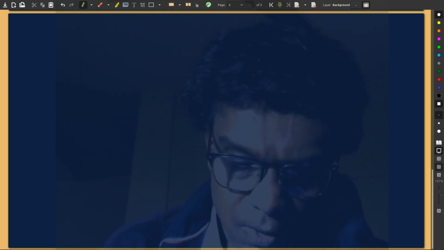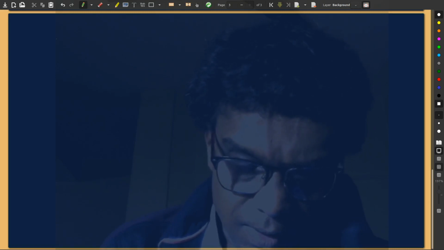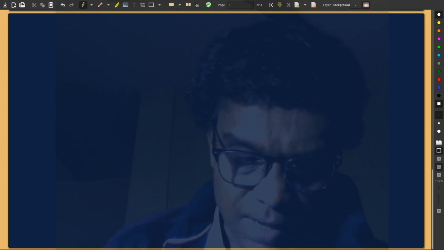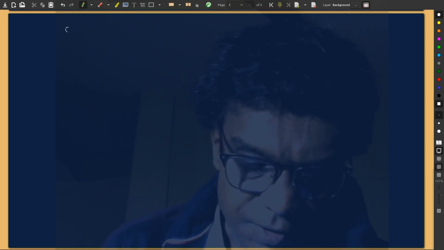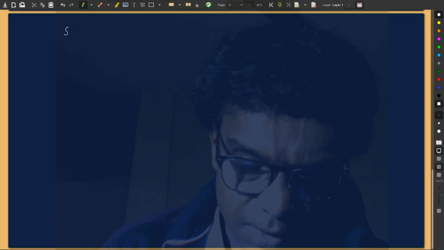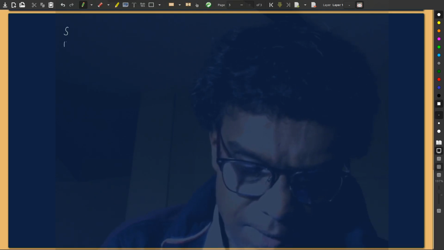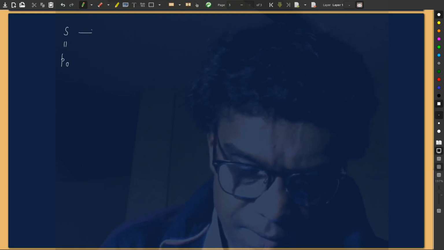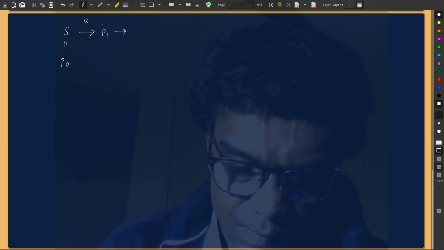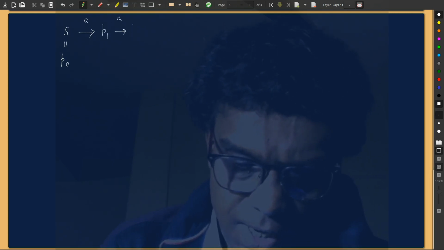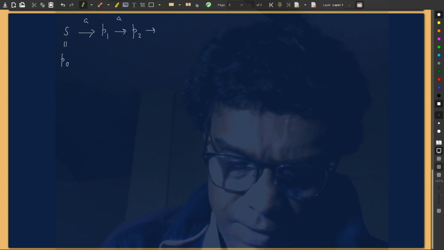Let us see the evolution of the machine as it reads this string a power n, b power n. Say it starts with the start state, which for the moment we name P0. Then it reads the first A and goes to a state called P1. Again it reads A and goes to state P2, and this keeps on happening.